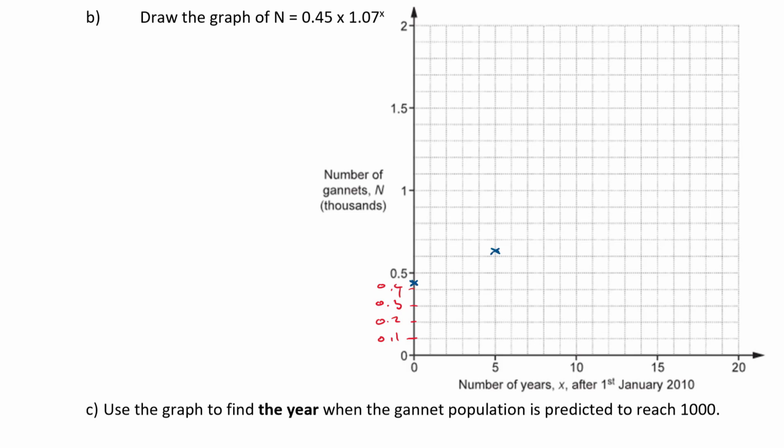10 goes with 0.89. 10, 0.89, that's almost 0.9, isn't it? I'm just going to plot it at 0.9, I think. And then 15 goes with 1.24, which should be halfway between 1.2 and 1.3 then, shouldn't it?